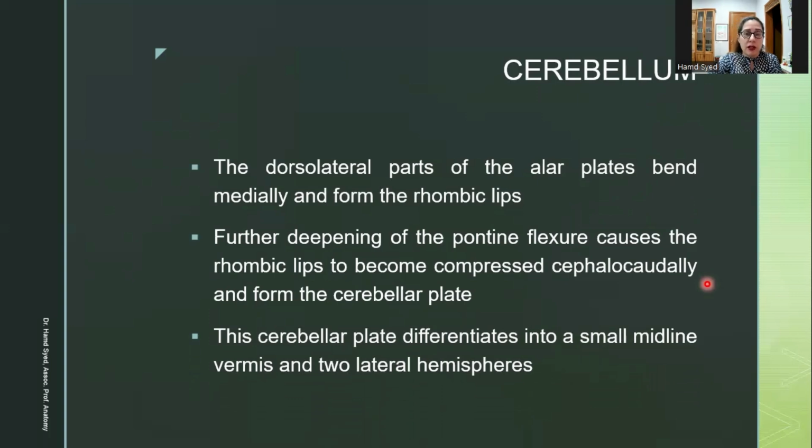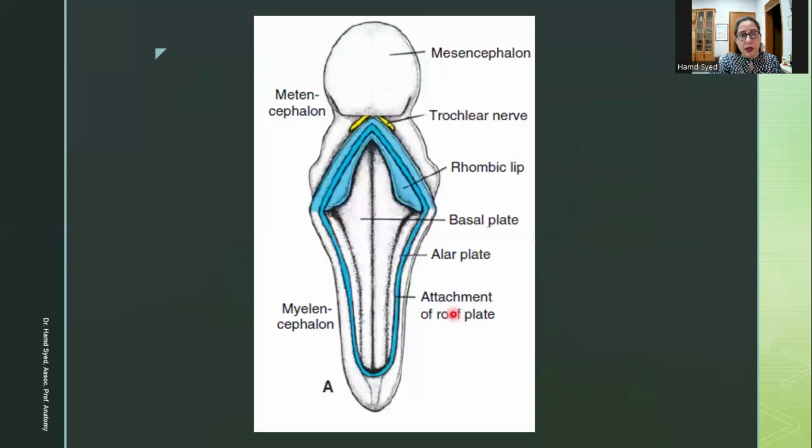So in the formation of the cerebellum, you've got to remember the structures which are the rhombic lips, which fuse and then form a structure which is known as the cerebellar plate. Here we can see the posterior view of the developing brainstem, and over here you can see the rhombic lips.